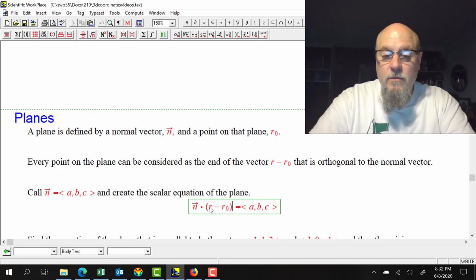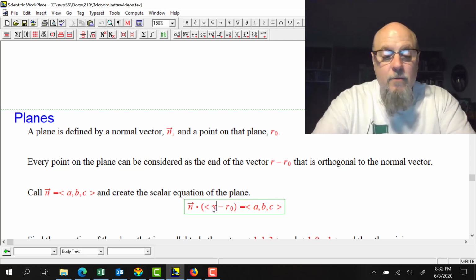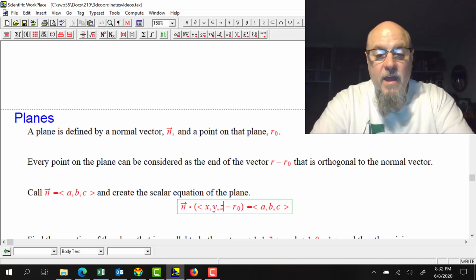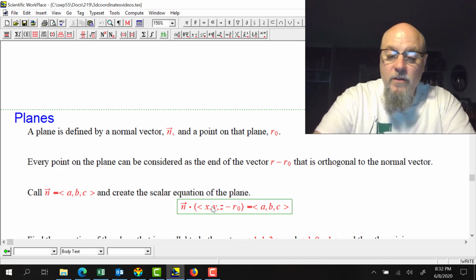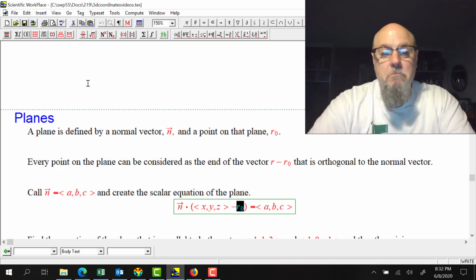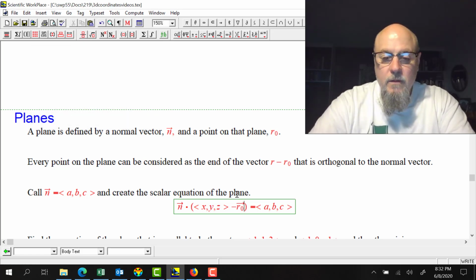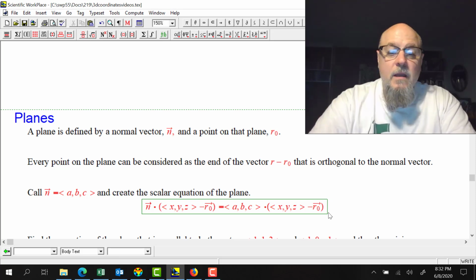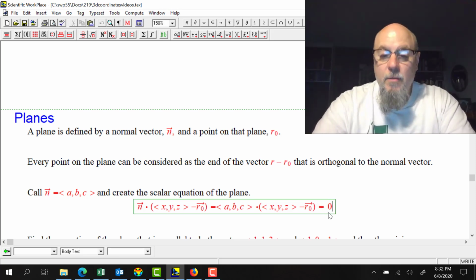This r vector is the general x, y, z, so that's all representative points on the plane. And this r0 vector is some number x, some number y, some number z. Those are numbers. So that's going to equal, there's our normal vector, I'm dot producting against this piece here, and it's perpendicular, so that dot product is equal to 0.